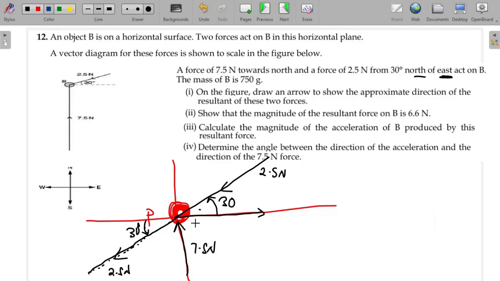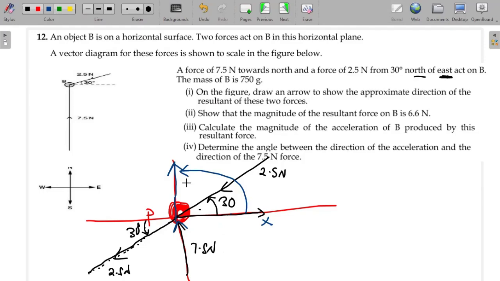Okay, so to resolve this, we need to get the magnitude of that vector and the direction from the positive x-axis. So this is the positive x-axis. For the first vector, the 7.5, which continues to go north like that, if I start from my x-axis going here, I'll meet it there.